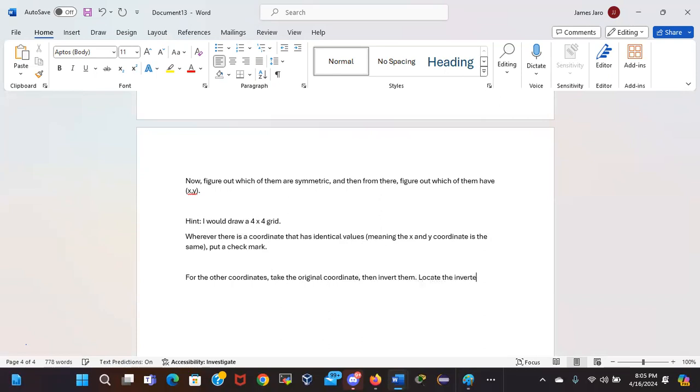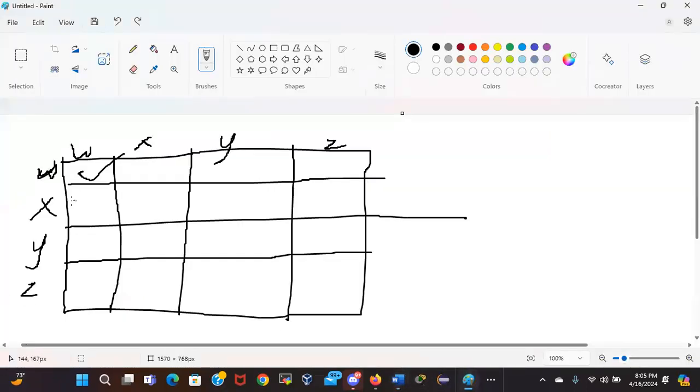Locate the inverted point on the grid and draw a double arrow, which is a bi-implication arrow, between the points. As an example, this here is WX. Is it an identical pair?